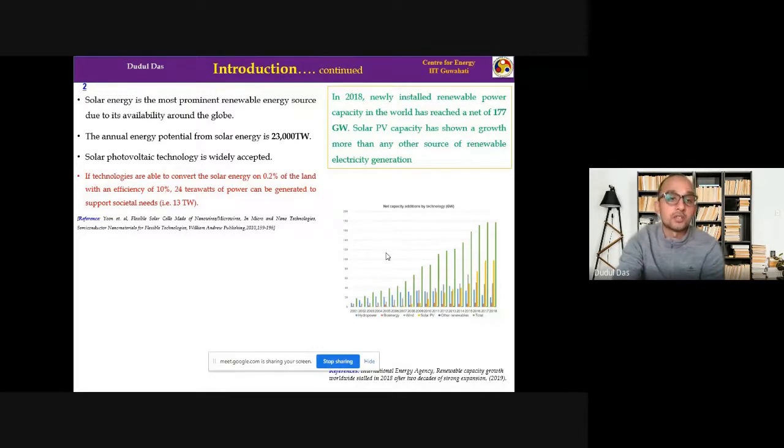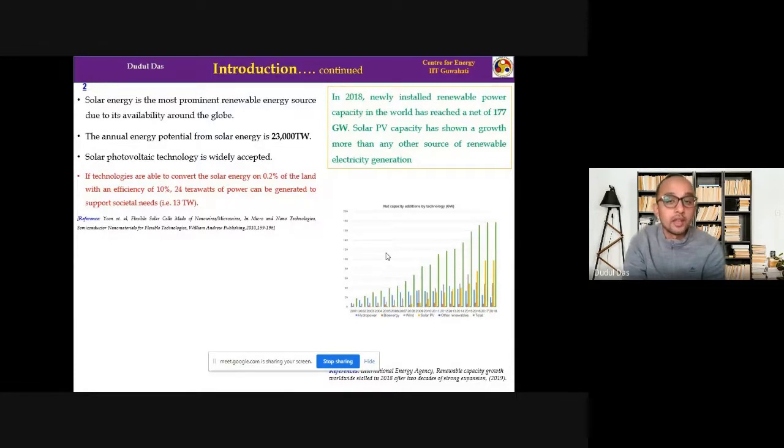And if the PV technologies are able to convert the solar energy on a very small amount of land, that is 0.2% of the land, with an efficiency of 10%, that will generate around 24 terawatt of energy, which is around 11 terawatt above the current societal needs.